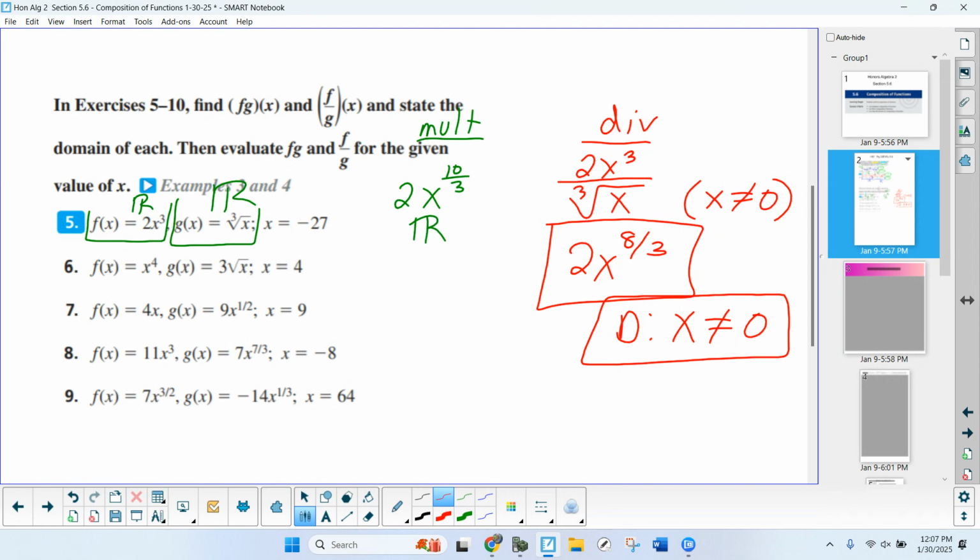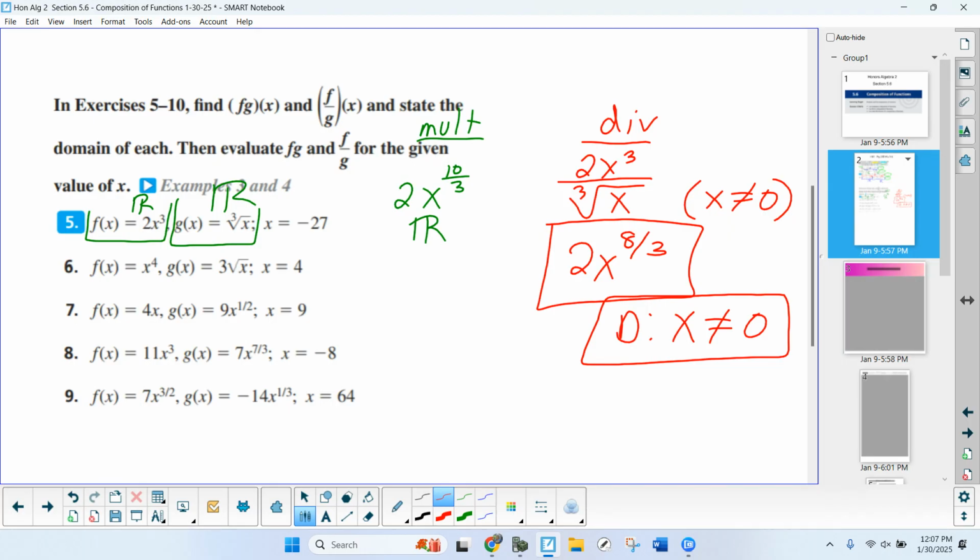Now, when you plug in a negative, they're both just going to be negative, right? Is that how it changed on those? On my answer key, I had positive. When you plug in negative 27, doesn't it just make it? I still got positive. Yeah, that would be true, because when you raise it to the 10th power, it's still positive.